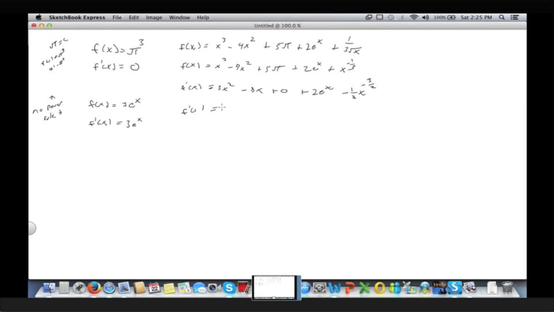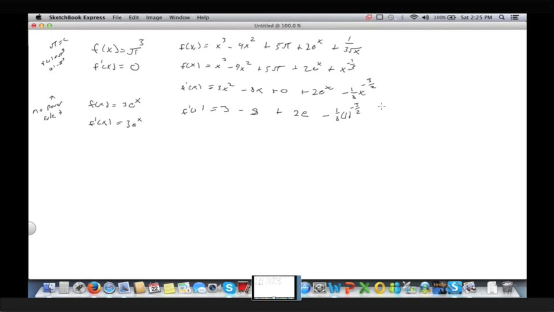Derivative, okay. How did you get that negative 3/2 exponent at the end?